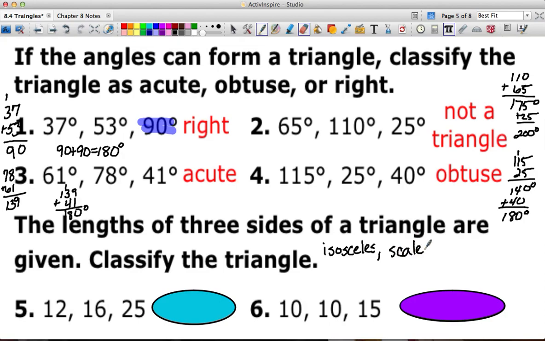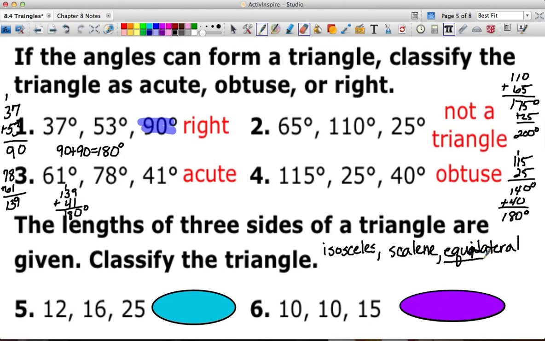Scalene and equilateral. Sorry, this should be an A here.